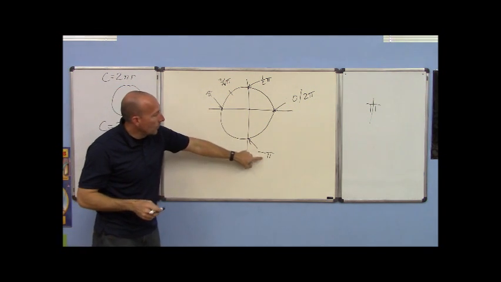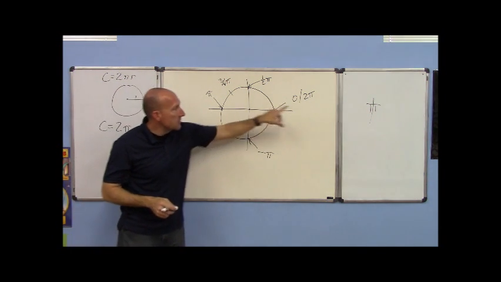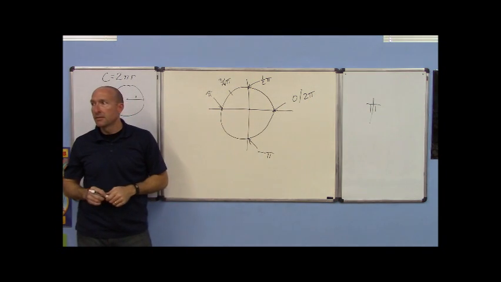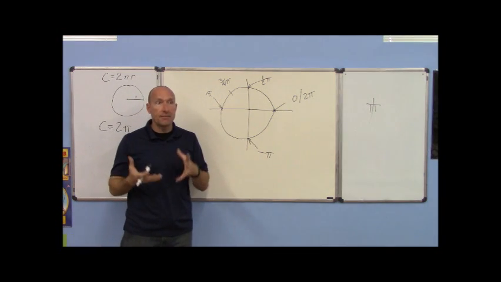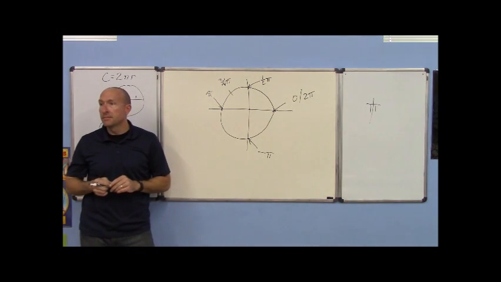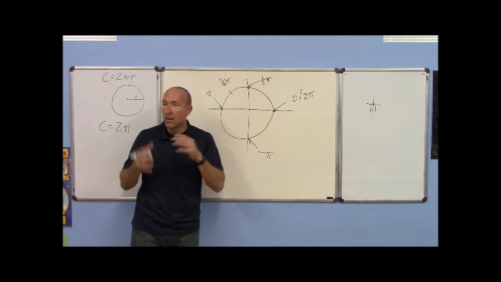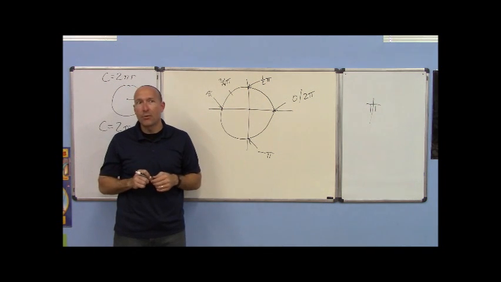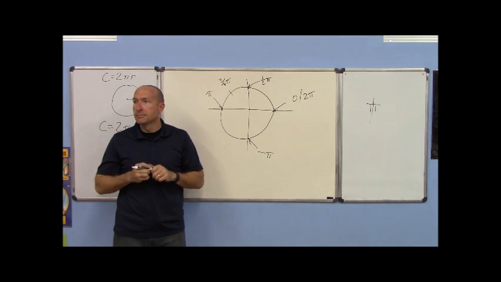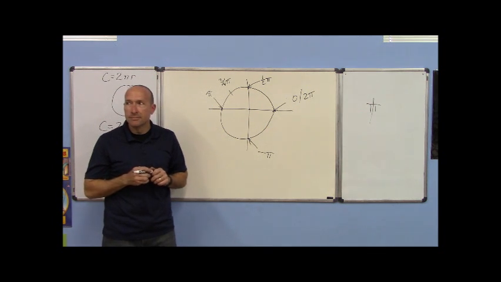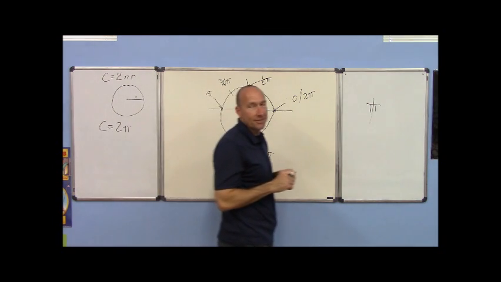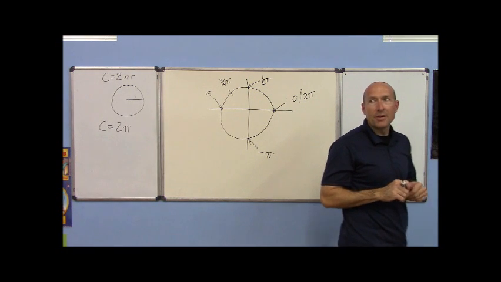So from here, if this is 1 pi, this is 2 pi, what is this? 1.5 pi. Right. What's another way of saying that? What would be a fraction to put down?